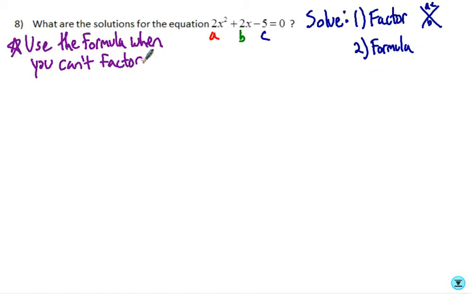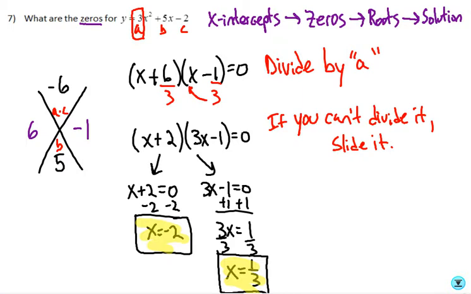Factoring works for some, but not all. The formula works for all, so this one works for every problem and every equation. Some people like the security and safety of knowing that if I use the formula, it's going to work every single time, whereas if I factor, it's kind of a crapshoot. Maybe sometimes it works, sometimes it doesn't.